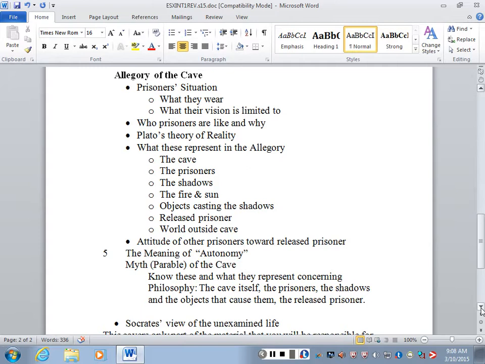In other words, they may have views that they've accepted, but what philosophy tries to get us to do is to examine in a critical way that's not always negative, but is reflective, where you're looking at the reasons why you hold the beliefs that you have. And that's as relevant for us today as it was for them back there.